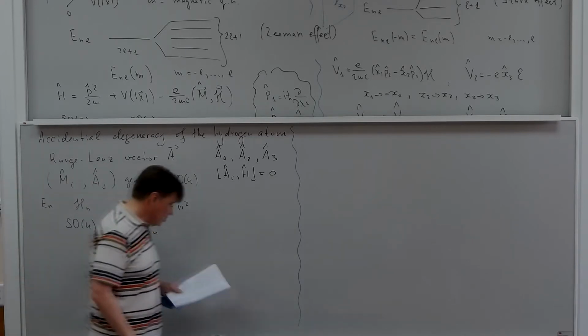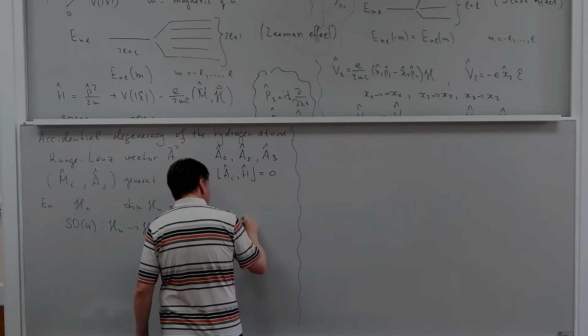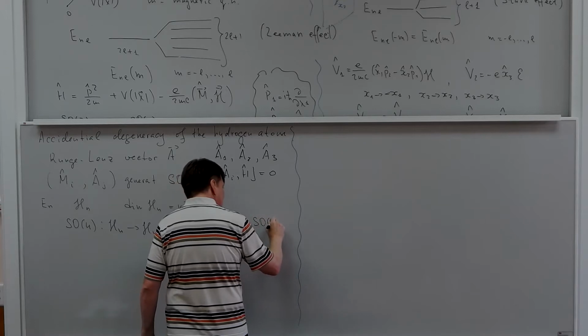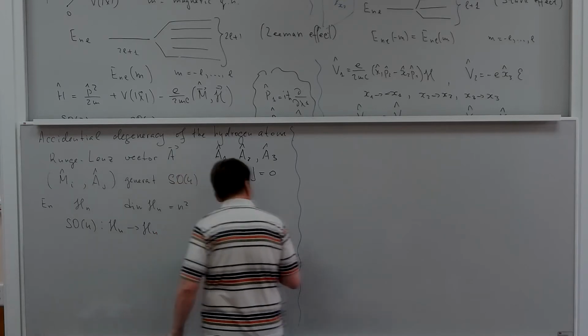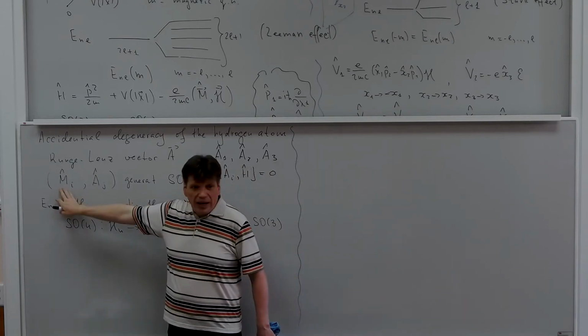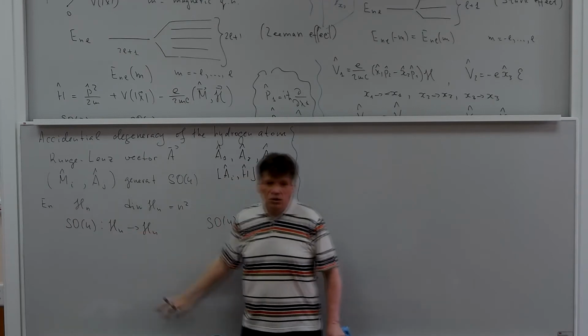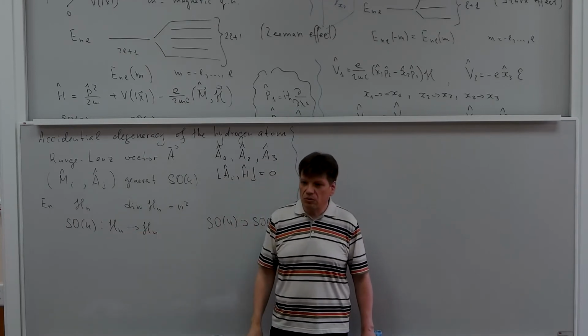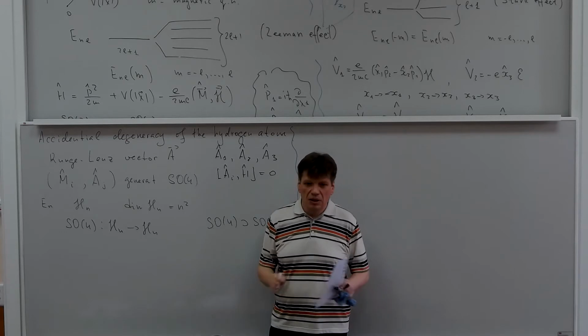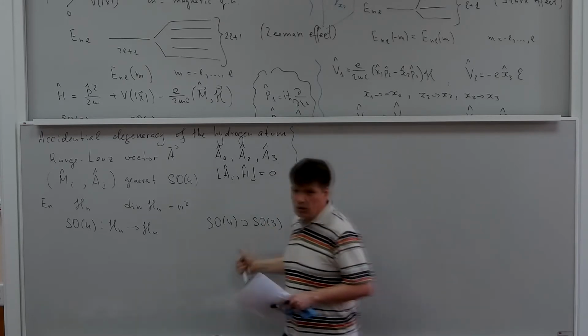However, when we restrict this group SO4 onto a subgroup SO3 generated by the components of the angular momentum, this irreducible representation becomes reducible. It decomposes into the direct sum of irreducible representations of SO3, the rotation group.